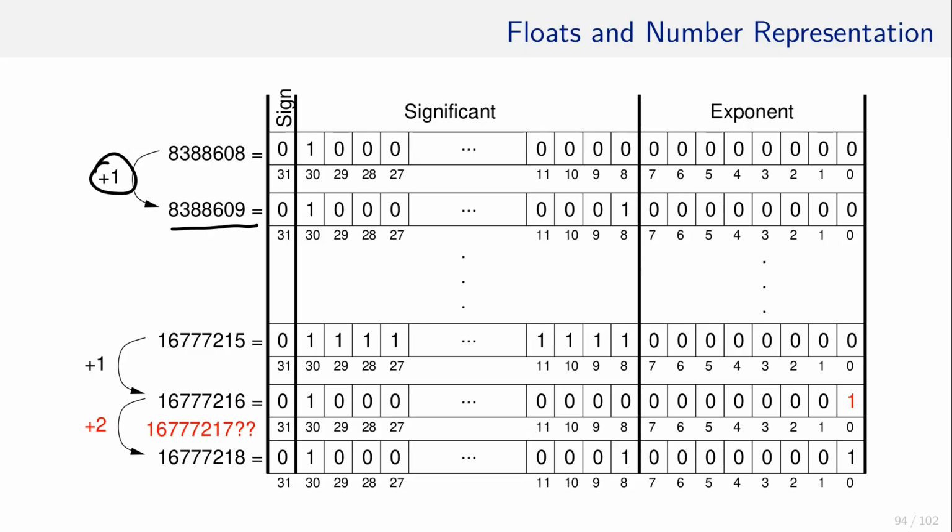We just increment the significand. We continue to do so until all the bits in the significand are set. This is then 16,777,215 or 2 to the power of 24 minus 1.